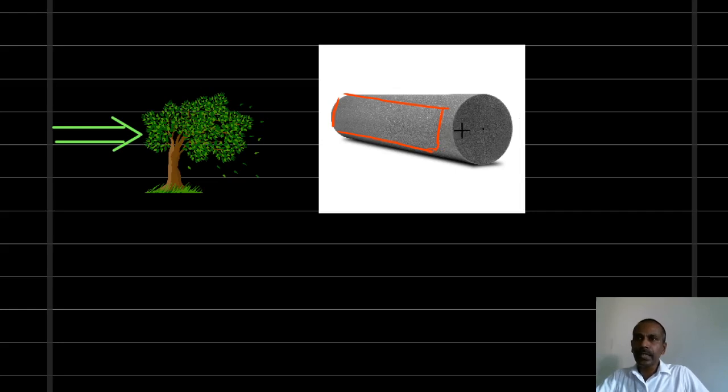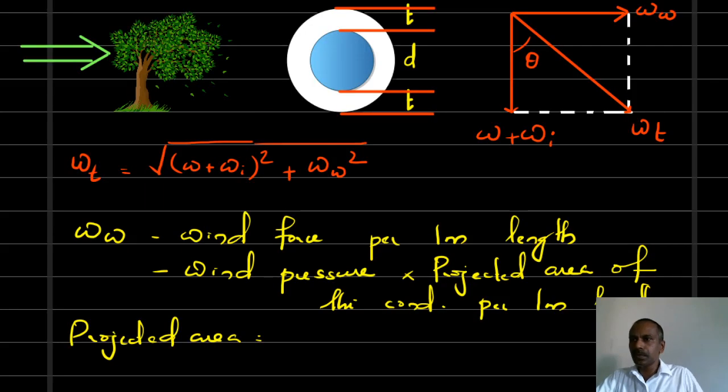Here the height is d plus 2t and the length is 1 meter, because we consider a conductor of 1 meter length. So the area of this rectangular piece is (d plus 2t) into 1, so the projected area is d plus 2t.